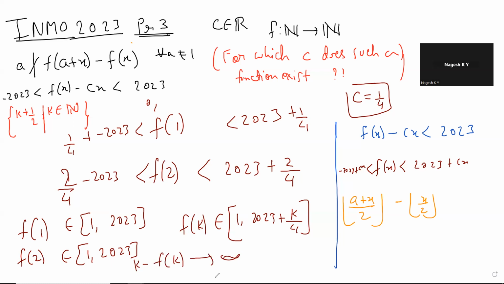It means that compared to k, f of k can be small. It will roughly be 1/4 of it. But then what does this give us?